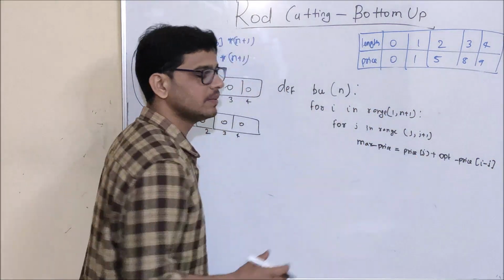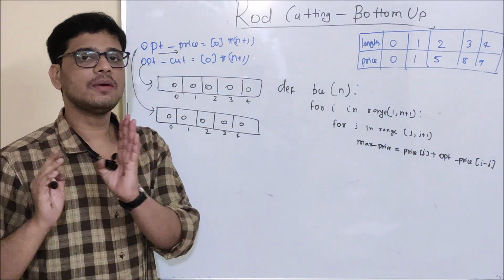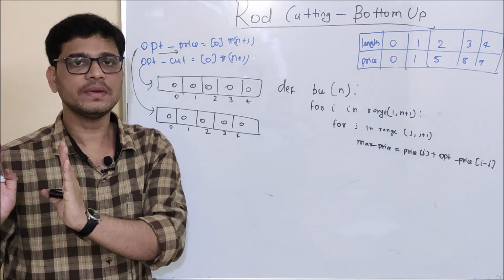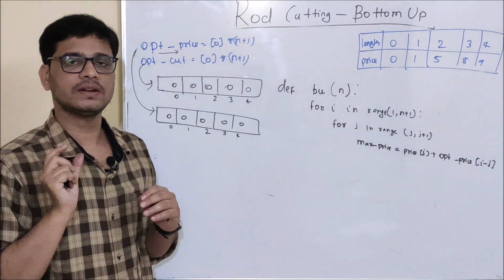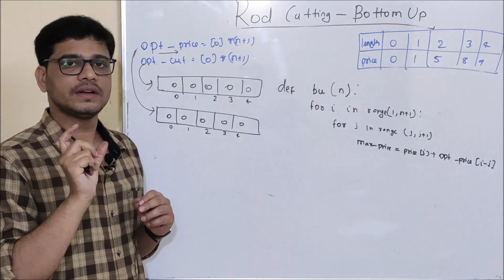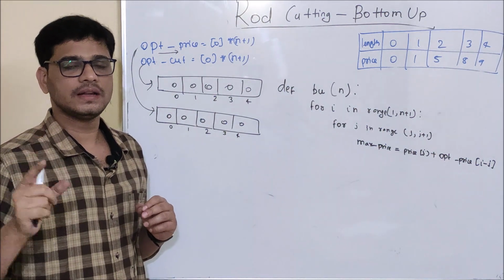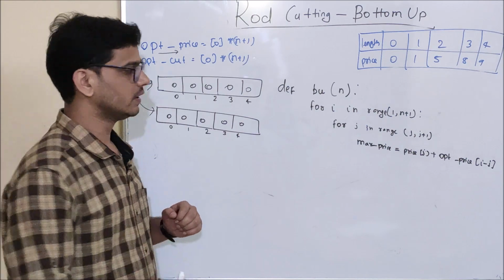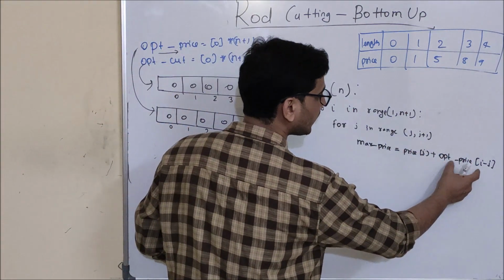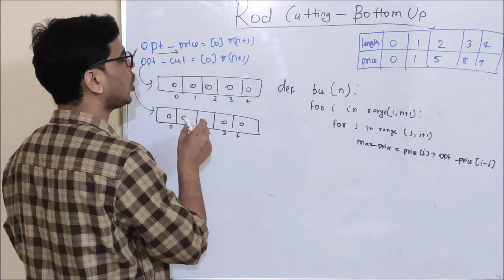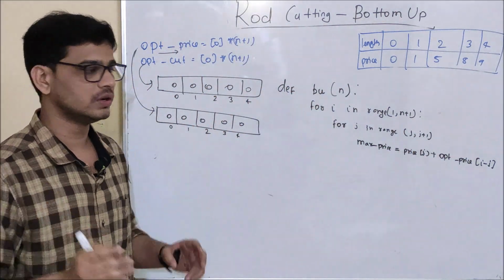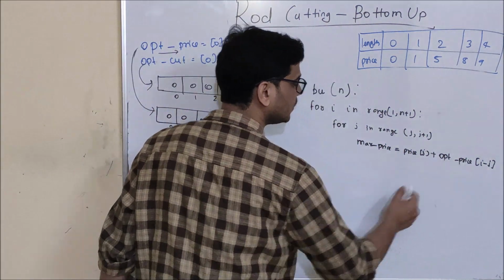That is, suppose I have given a j meter cut, I will be remaining with a rod of length i minus j. For example, take a 3 meter rod. If in a 3 meter rod I have given a 1 meter cut, then I will be remaining with a 2 meter rod. So optimal price of 3 minus 1, that is optimal price 2, will be holding the optimal price of a rod of length 2. So I am going to find it from here.